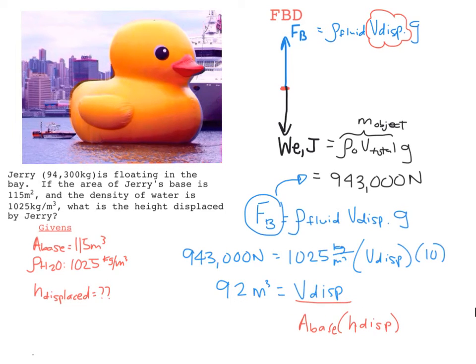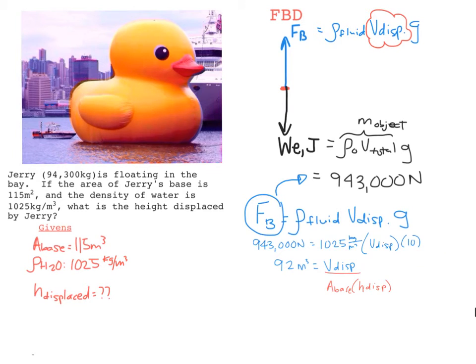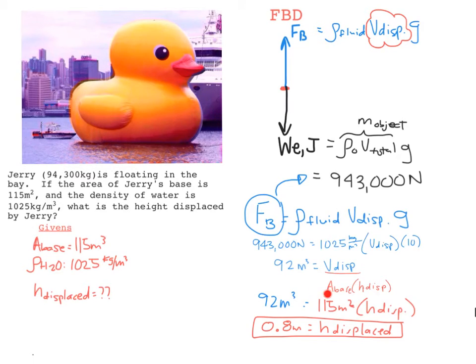In this case, since we're talking about the volume displaced, it's the area of the base, which we're given, times the height displaced, or height underwater. And that's what we're looking for. I'm going to make this a little smaller so we have more room. Now we can plug in the area of the base, which was 115, times the height displaced, and we come out with 0.8 meters as Jerry's height displaced, which means that's how much of him is underwater.